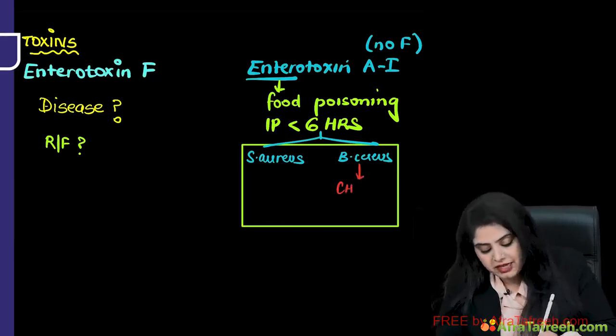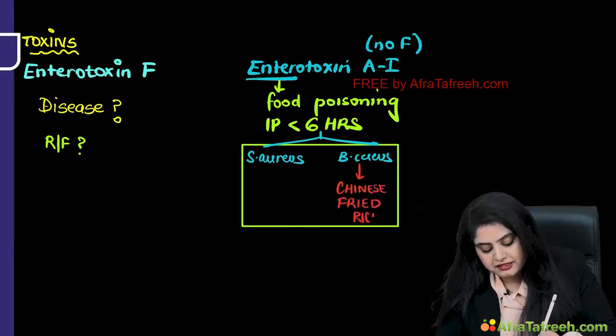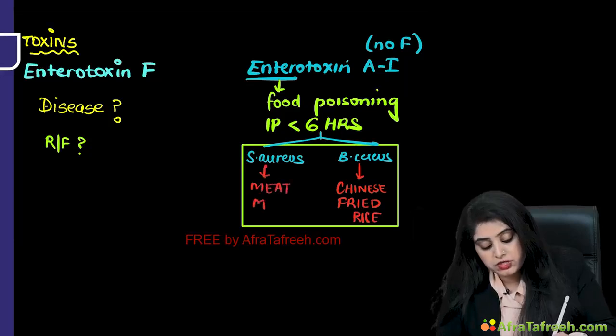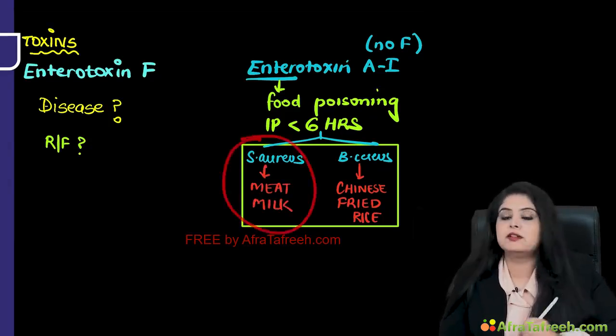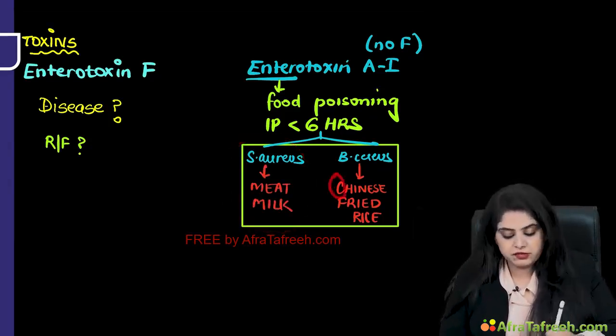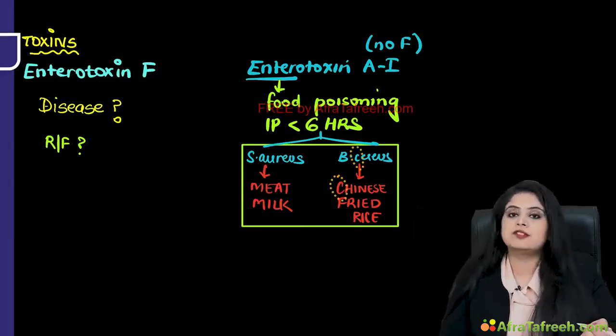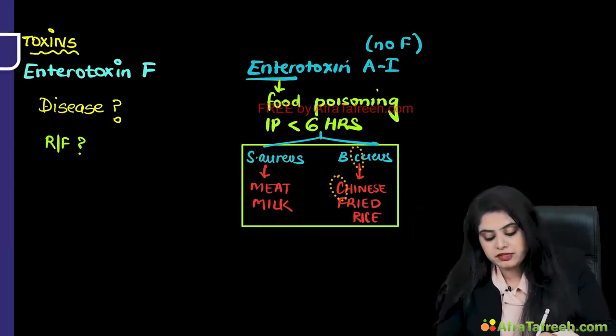C for C. Bacillus cereus is because of consumption of Chinese fried rice. So remember C for C. And Staph aureus is because of consumption of meat and milk. So poultry, meat, right? Meat and milk consumption results in Staph aureus food poisoning. C for C, Chinese fried rice consumption results in Bacillus cereus. However, you must be knowing what kind of food poisoning is it? This is the vomiting food poisoning, emetic.